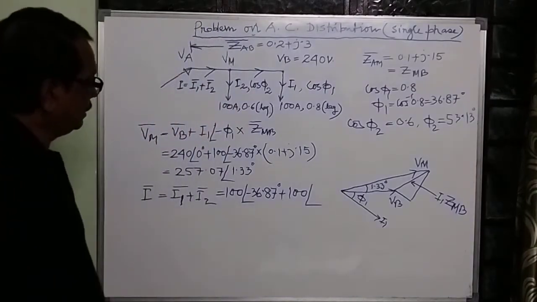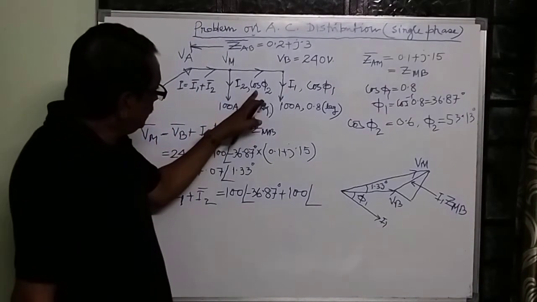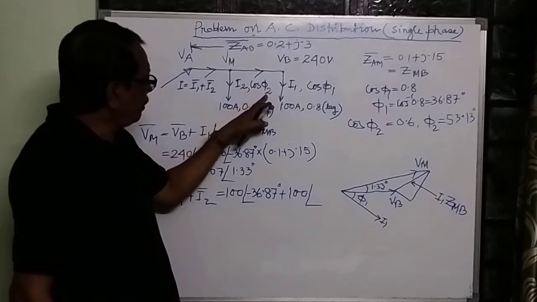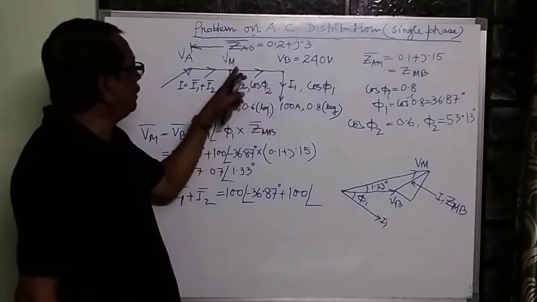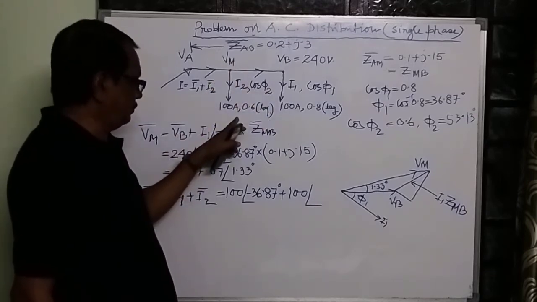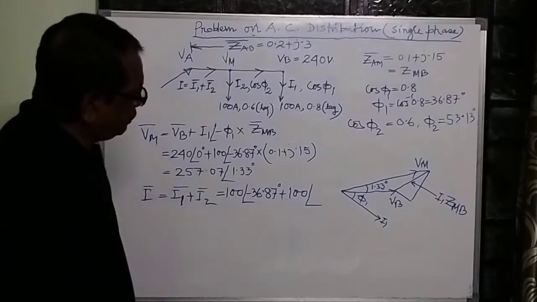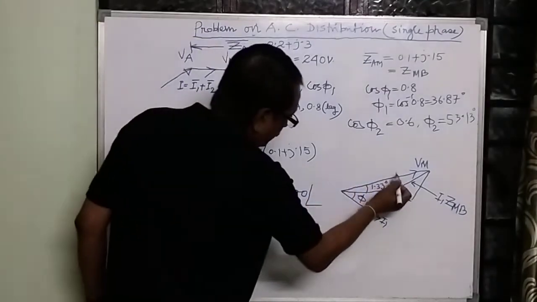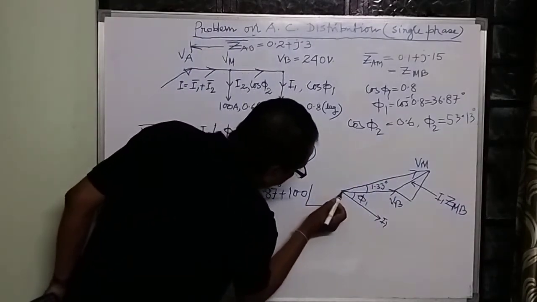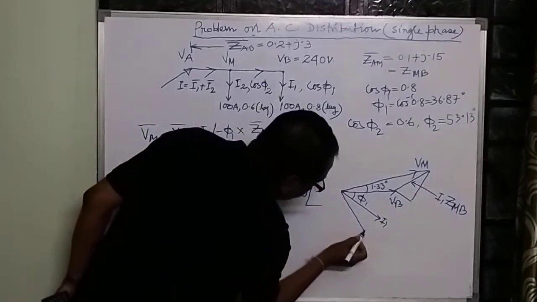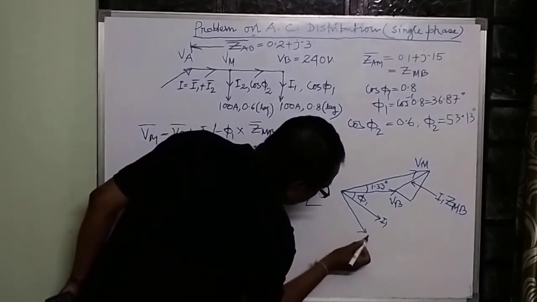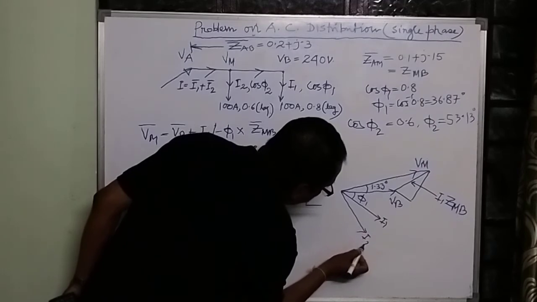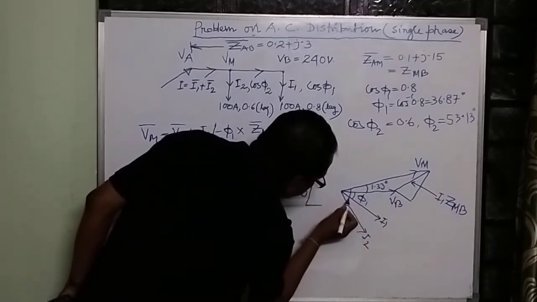So now this angle phi 2 is the angle between Vm and I2. So with respect to Vm, I draw this I2. So this angle is phi 2.